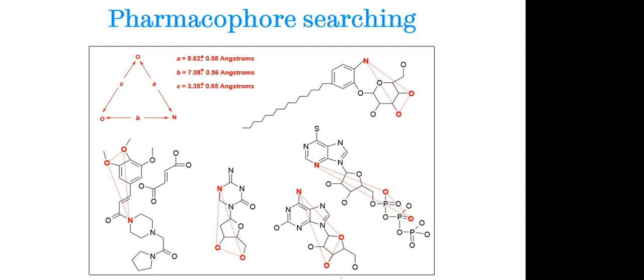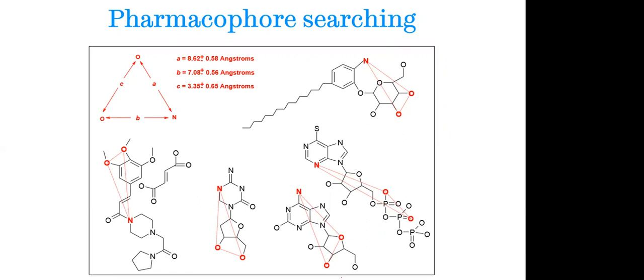Then it will check the distance between the pharmacophoric features. Is this similar to the pharmacophore we have considered for searching or not? If it is more or less similar, it will consider the angle between the pharmacophoric features. Those angles, distances, and torsion angles, everything will be considered, and then the compound will be retrieved from the database.